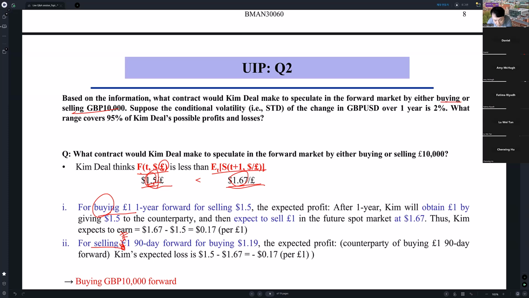If you sell that pound, you will get $1.67. So the difference is going to be your profit per every 1 pound forward purchase. The counterparty of this contract will get this loss. So it's a zero-sum game. So the question for this one is buying 10,000 pounds forward. You see, I asked almost the same questions in the actual final exam, right?